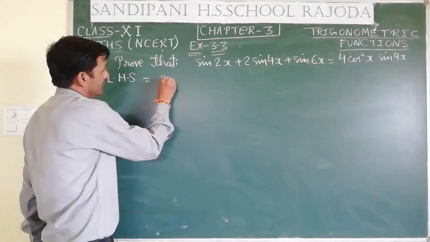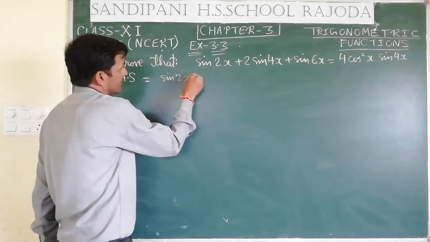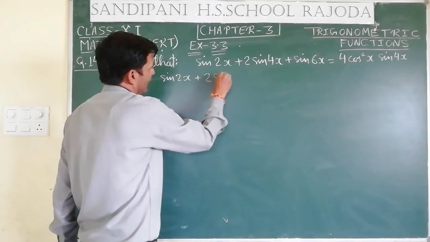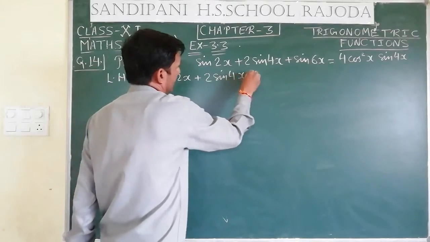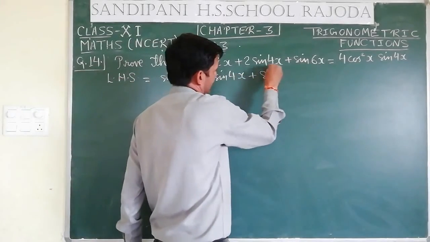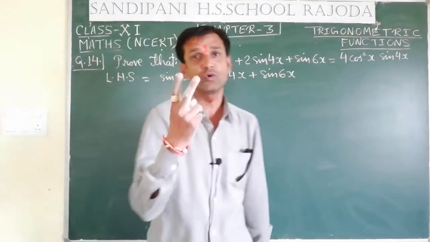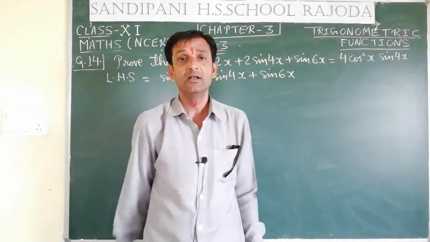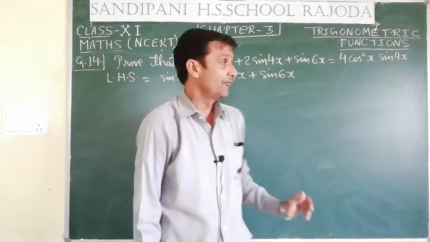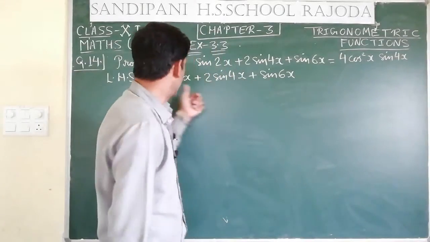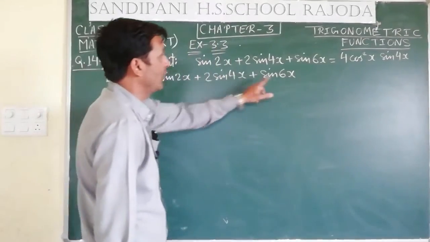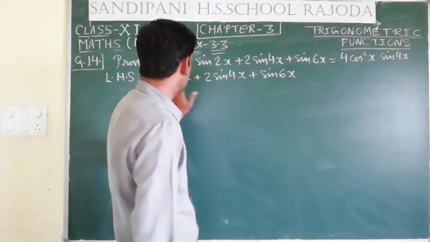It is sin 2x plus 2 sin 4x plus sin 6x. Now we have to select those two terms where the formula will be applicable. So for that we have to consider this term and this one, because it will become more convenient for us to solve these two terms.